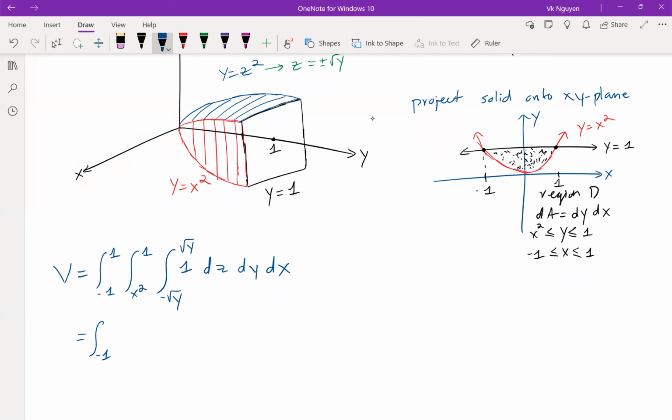Yep, that is the setup, and I'm just gonna do one more step so that you see that you can set this thing up as a double integral. The integral of 1 is z, right?